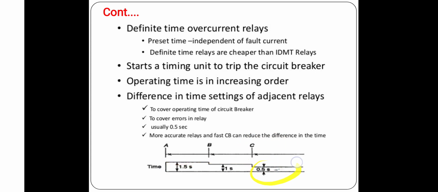First, if the relay at C does not operate within 0.5 second, then after 0.5 second the relay at point B operates for the same fault beyond terminal C. When the relay at point B does not operate, then after 1.5 seconds the relay installed at point A will operate and trip the circuit breaker at A. This is basically time grading. We provide the relays with proper time grading, that is a difference of 0.5 second, or 0.3 second, which is possible with modern relays.